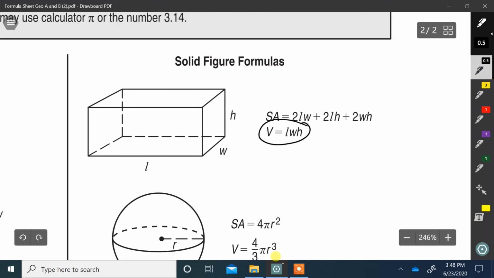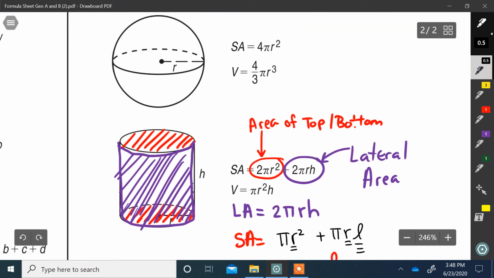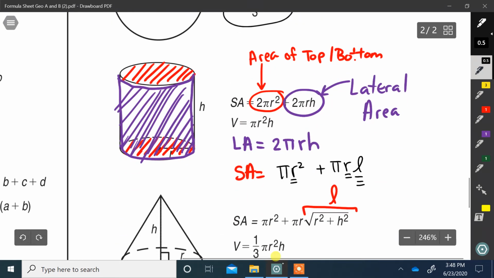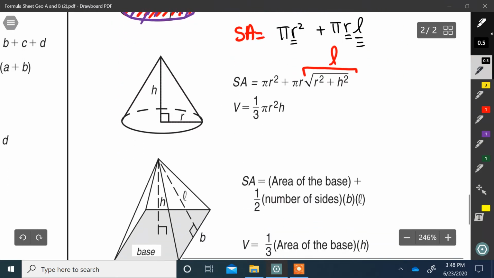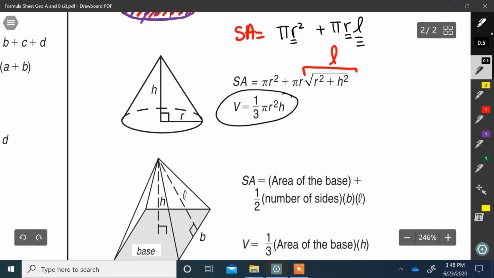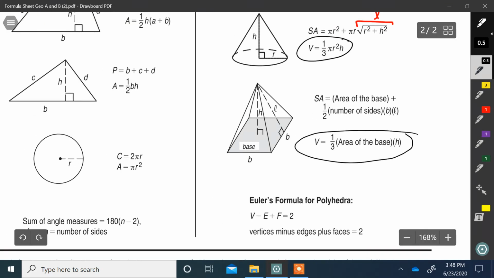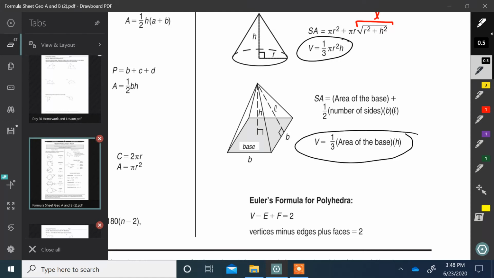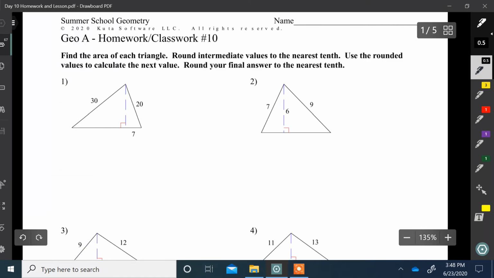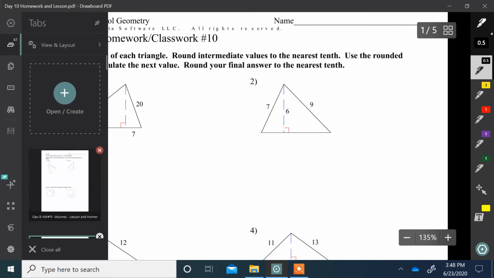So we have a sphere, a cylinder, the volume of a cone, and even the volume of a pyramid. Those usually will be the hardest ones, but they're not too difficult, I don't think. All right, so let's go back to our worksheet and do some of those volumes.